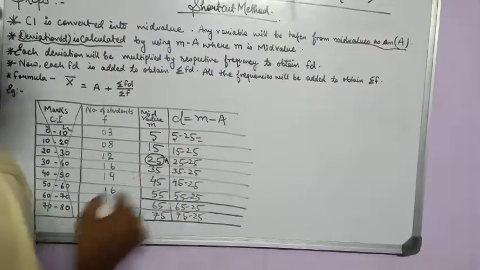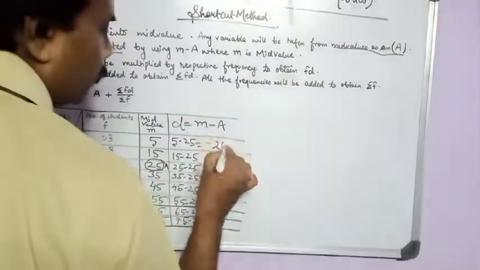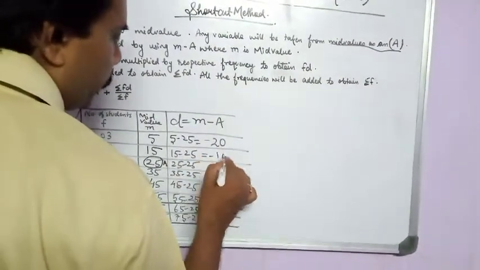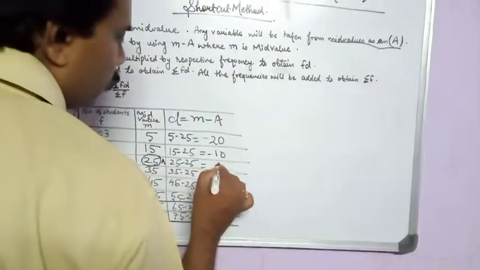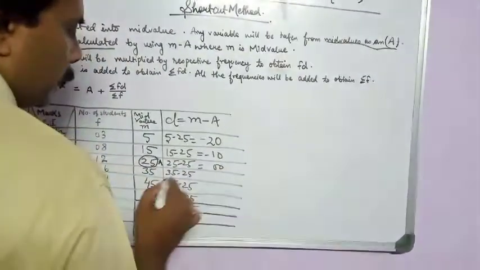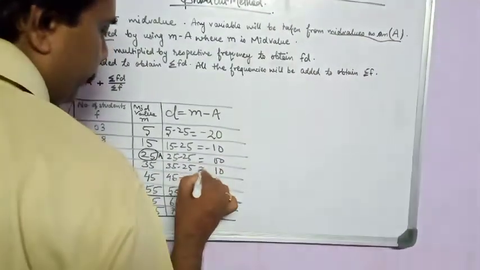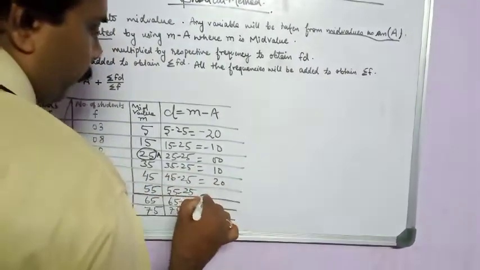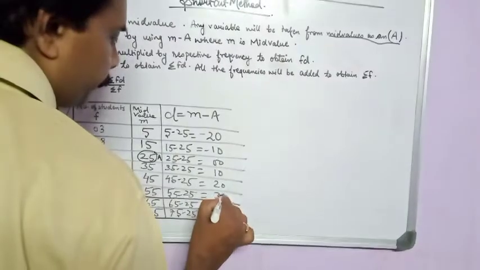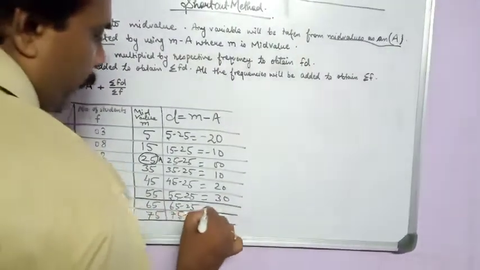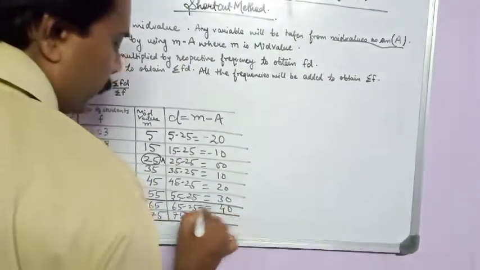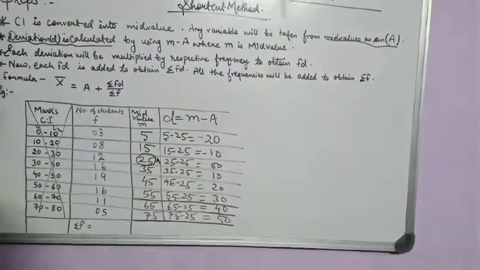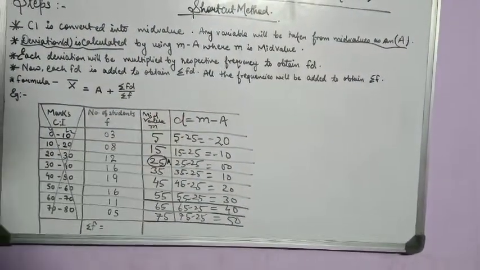So 5 minus 25 is minus 20, 15 minus 25 is minus 10, that is 0, this is 10, 45 that is 20, 55 that is 30, 65 that is 40, 75 that is 50. In this way we have calculated D.